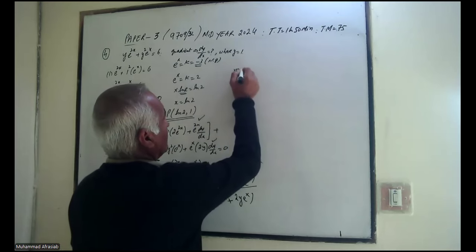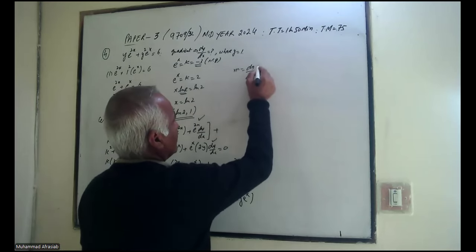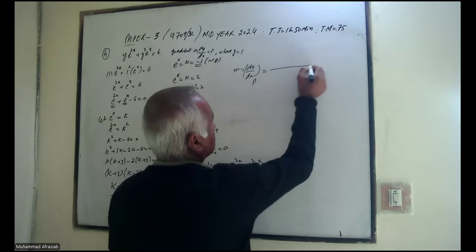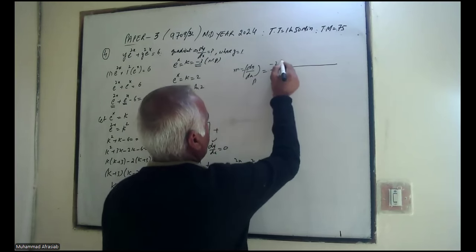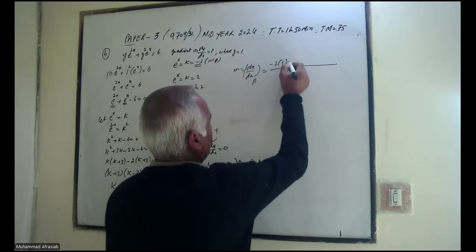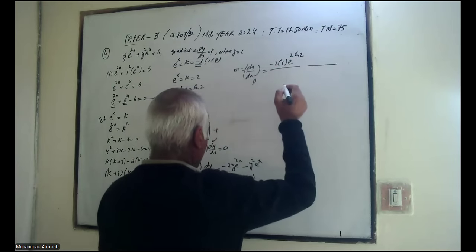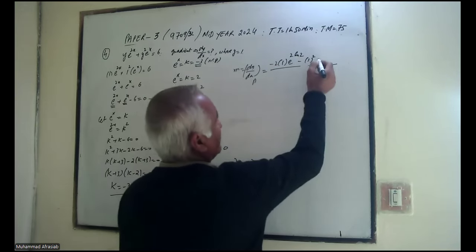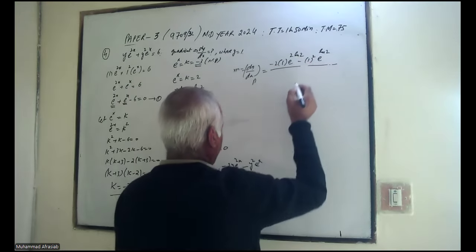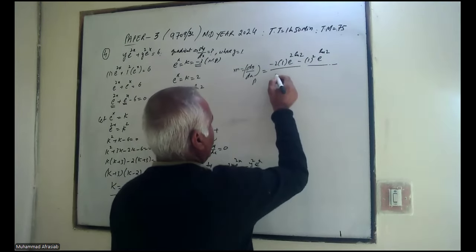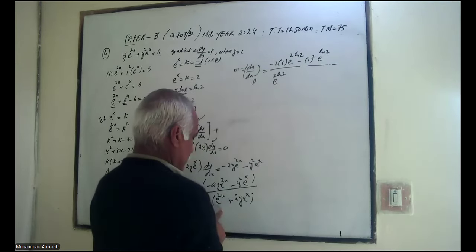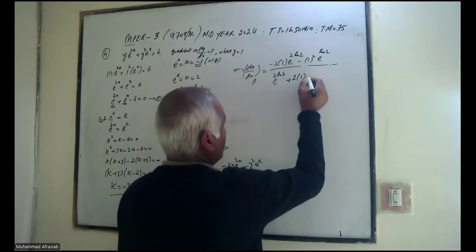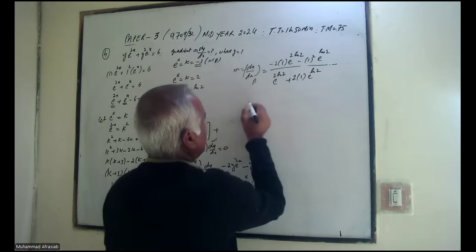Then the slope, dy by dx at the point P, is equal to minus 2, y value is 1, into e^(2 ln 2), minus y squared, which is 1 squared, into e^x, that is e^(ln 2), divided by e^(2 ln 2) plus 2, y value is 1, into e^(ln 2).